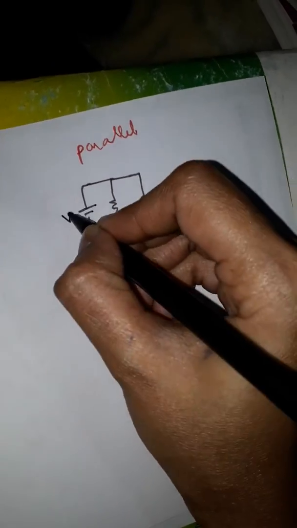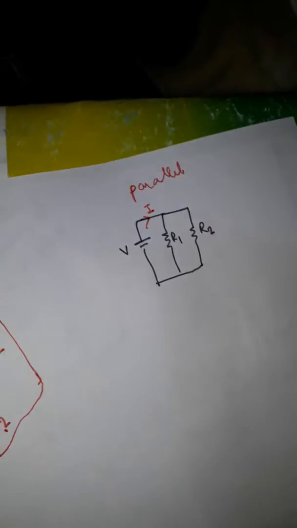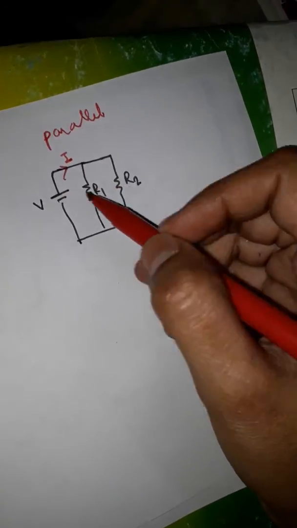Now, another type of connection is parallel connection. This is voltage, R1, R2, current. Voltage is applied to the resistor elements in parallel.